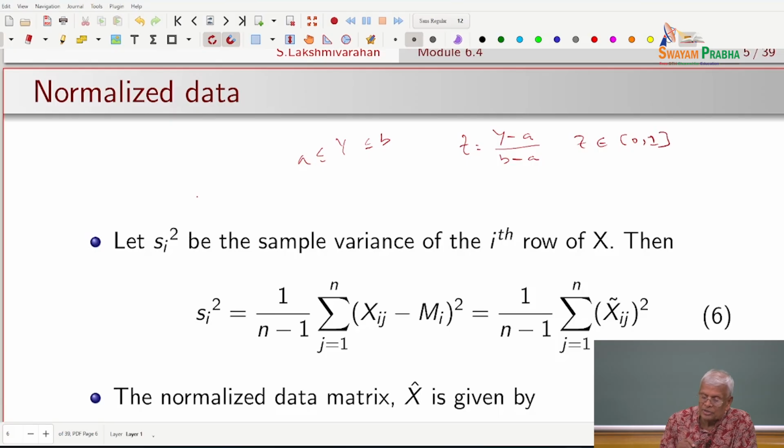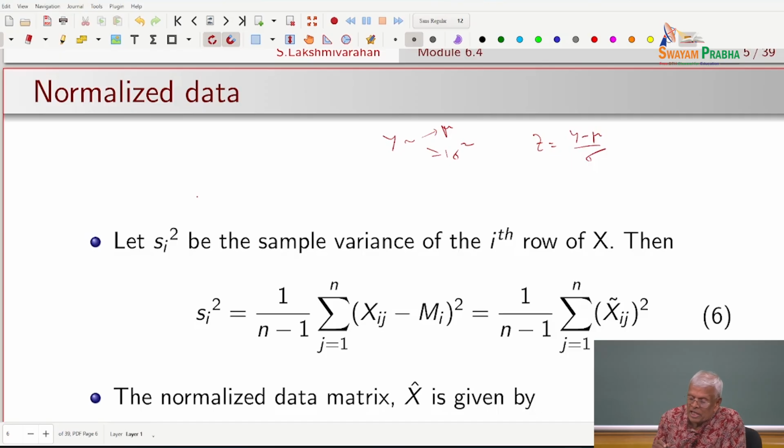Another form of normalization could be, this is z1, let us say z2. z2 could be equal to y divided by the maximum, which is b minus a, the maximum value of the interval. Another could be, if y is a random variable with the mean mu and variance sigma square, I can convert this into z equal to y minus mu divided by sigma.